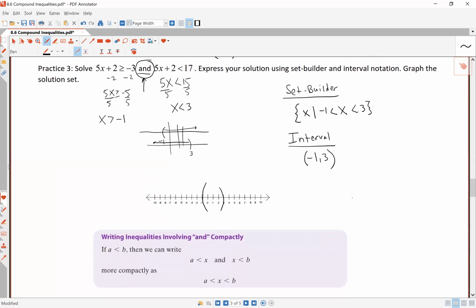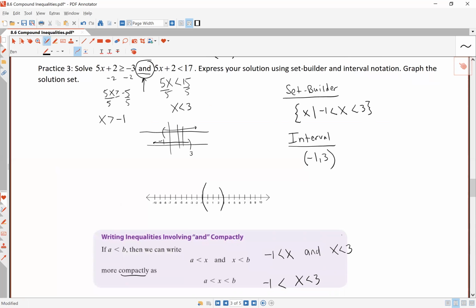So notice how when I wrote the set builder notation, I wrote x is less than 3 and greater than -1. This is a compact way of writing -1 is less than x, or x is greater than -1, and x is less than 3.